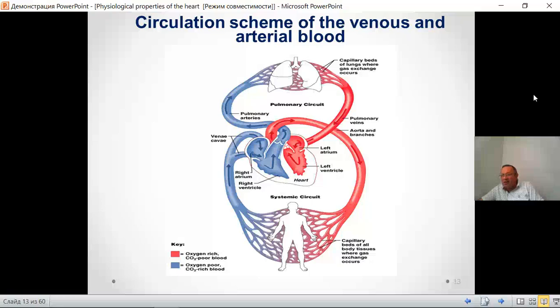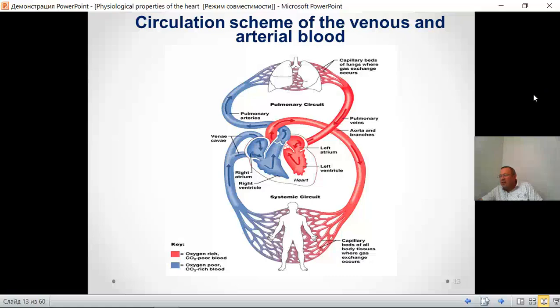The systemic circuit transfers oxygenated blood to virtually all of the tissues of the body and returns relatively deoxygenated blood and carbon dioxide to the heart to be sent back to the pulmonary circulation.